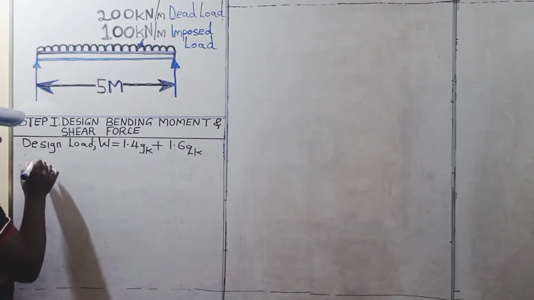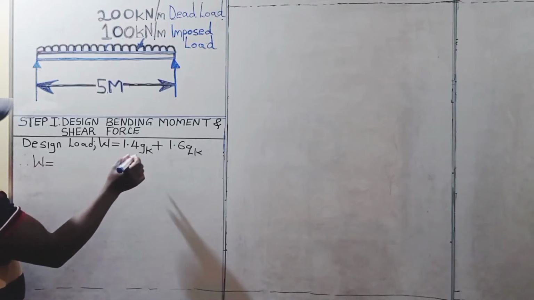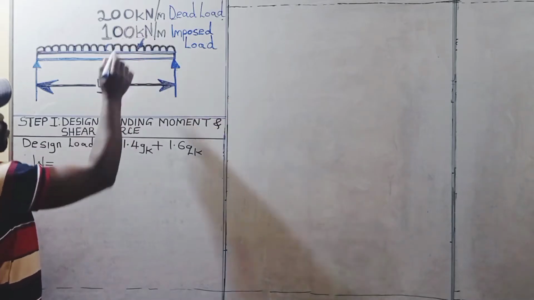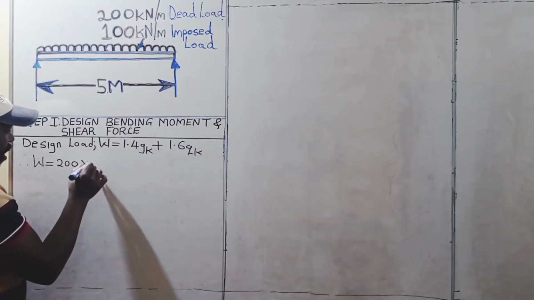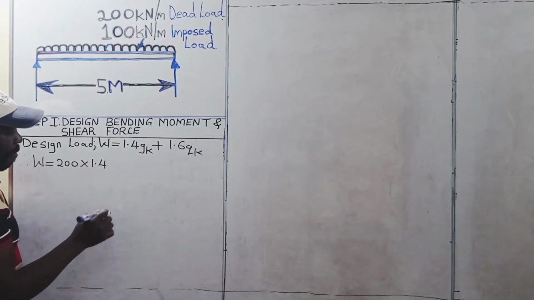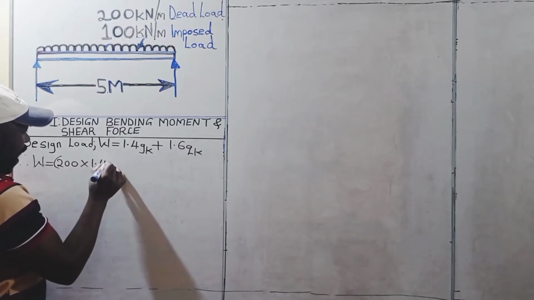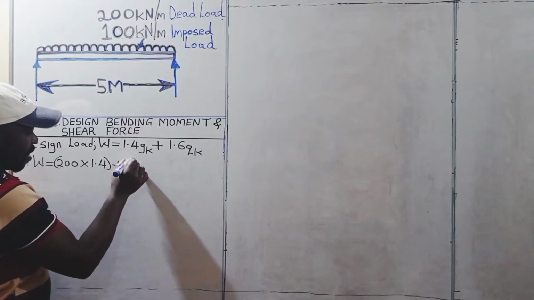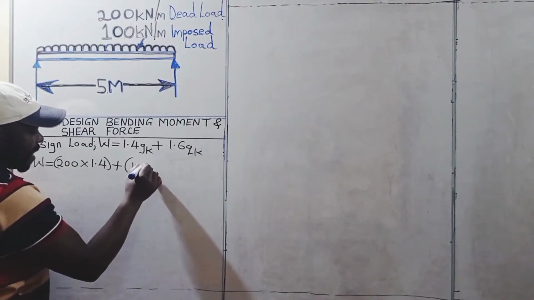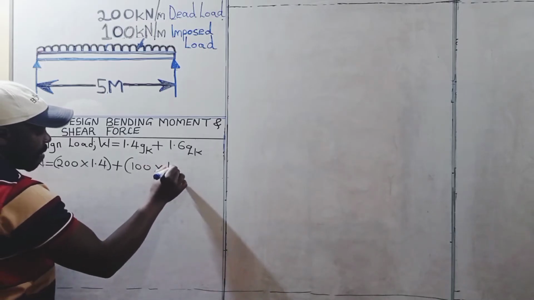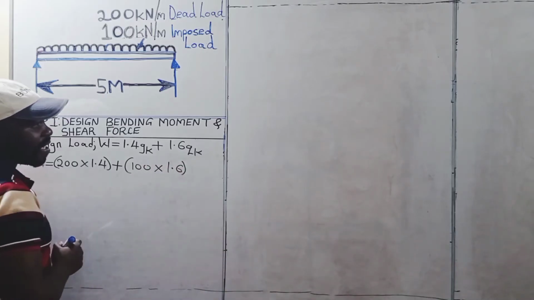Therefore, the design load will be given by GK, which is 200 kilonewtons per meter, that is the dead load, times 1.4 plus QK, which is 100 kilonewtons per meter, multiplied by 1.6.